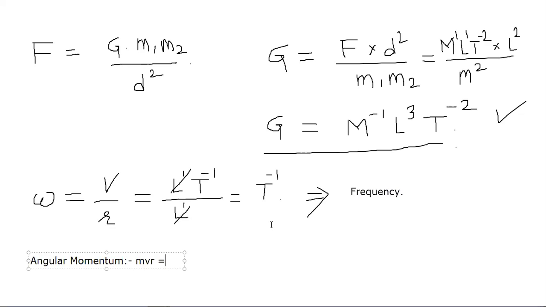Again, the dimension for mass will be M1, the dimension for velocity is L1 T raised to power minus 1, and the dimension for radius is again L1, right? So L1 into L1, you will have L raised to power 2. So this will be the dimensions for your angular momentum.